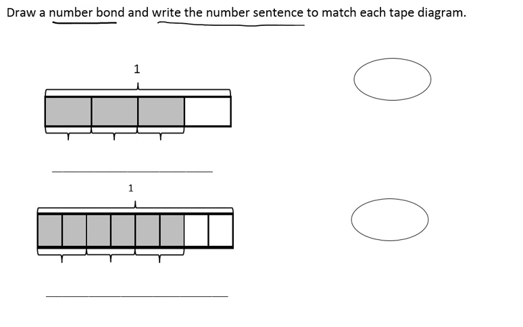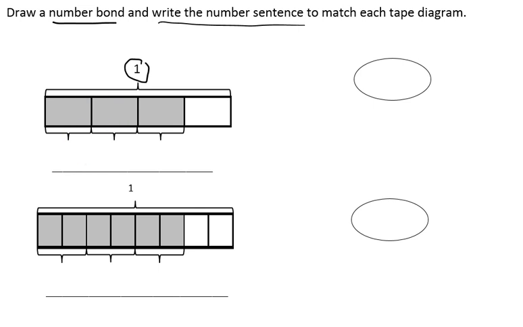So if I look at my first fraction, I see that the one whole, represented by the 1 at the top, has been divided into 4 sections, and 3 of those sections have been shaded gray. Because it's divided into 4 sections, I know that each section represents 1/4.